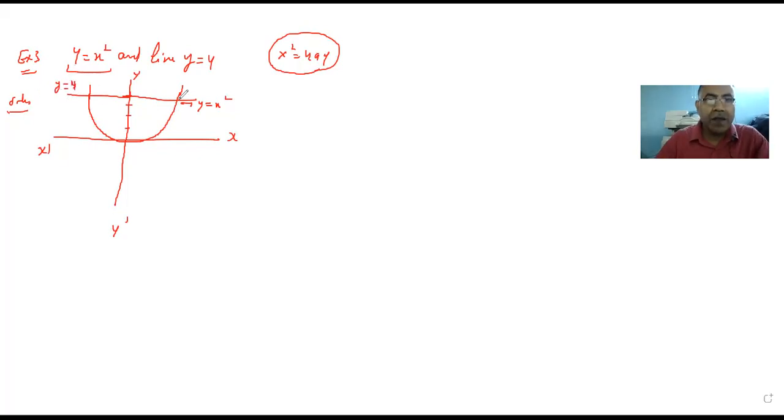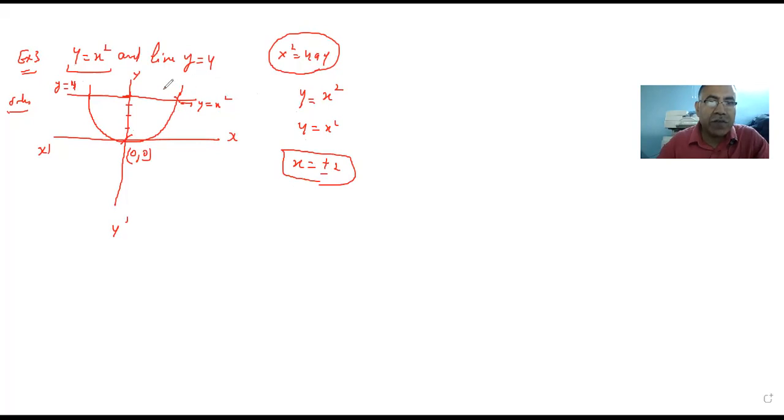Now I have to find out this point because I know that this point is 0 and 0. And if I will find out this point, so at this point y is equal to x square. So what is the value of y? Y is 4. So 4 is equal to x square and x is equal to plus minus 2.